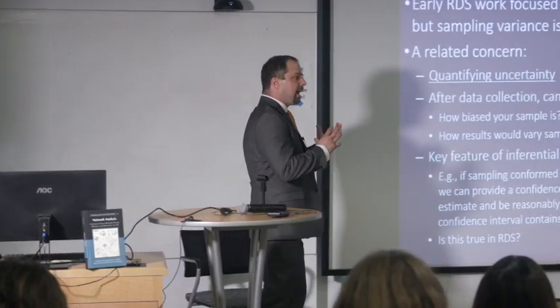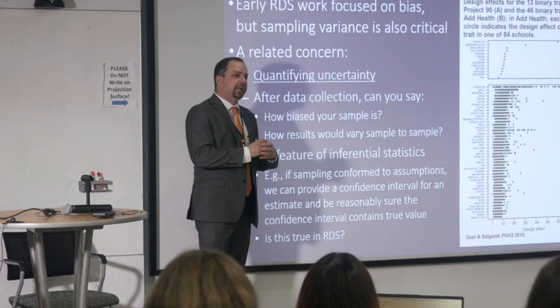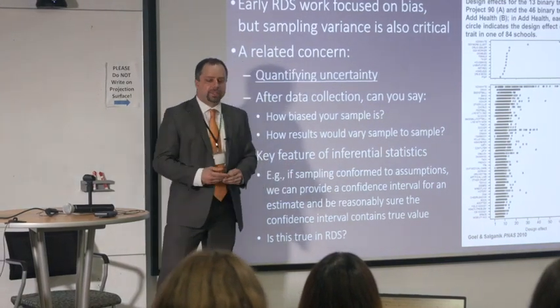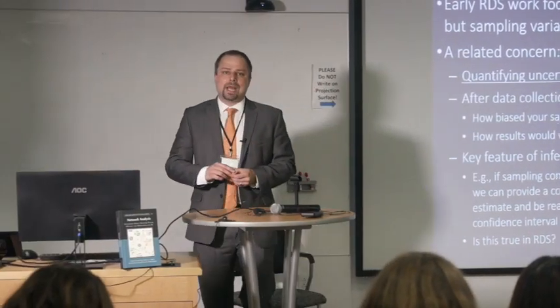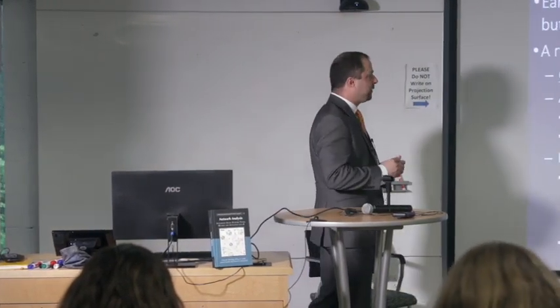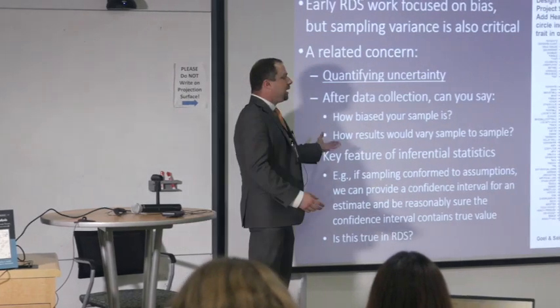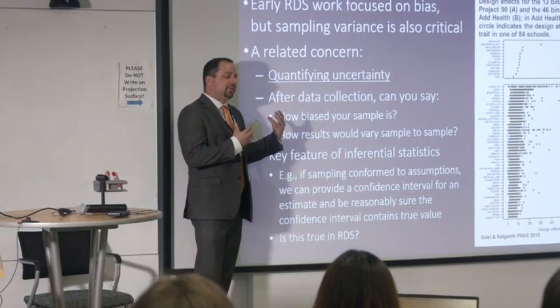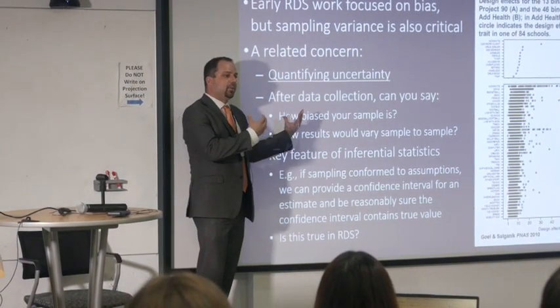So early RDS work really tried to focus on bias. Later RDS work recognized this huge amount of sample-to-sample variability, and subsequent work has tried to quantify how uncertain the estimates are from any given sample that you take. The problem here is that the results typically suggest that we can't quantify that very well.